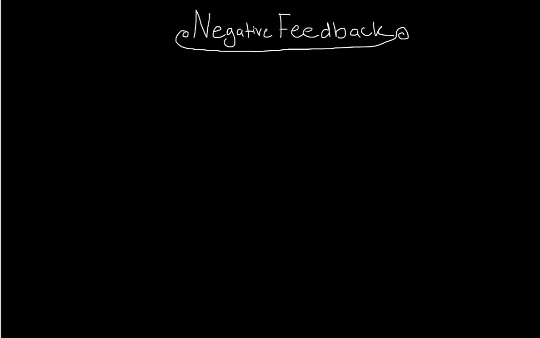So in the previous video, we talked about homeostasis and how that implies that the body tends to be in a dynamic, steady state that it functions appropriately in. And it accomplishes that with a mechanism known as negative feedback. And negative feedback is the primary type of homeostatic control.